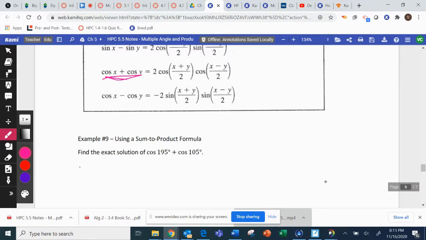So I'm just going to plug in: 2 cosine of 195 plus 105 over 2, cosine of 195 minus 105 over 2.